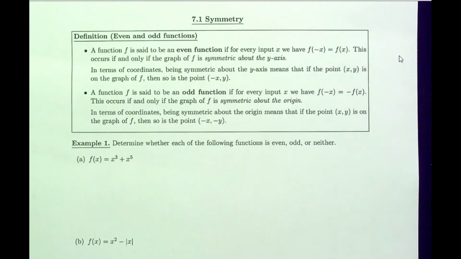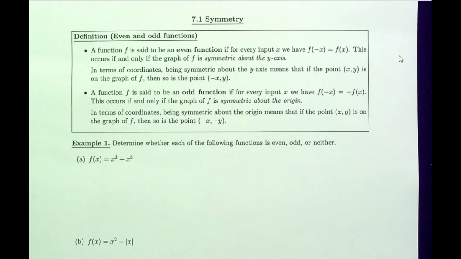Another concept that is important to talk about regarding functions and their graphs is the concept of symmetry, which is encoded in the concepts of even and odd. These are the two most important types of symmetry a function can have.